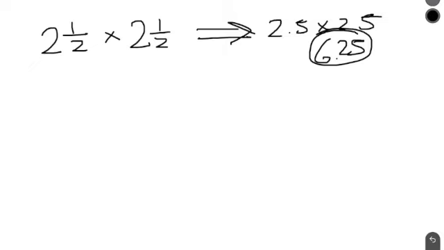Okay, so the first thing we do is convert our mixed number to an improper fraction. We do that. We say this 2 multiplied by this 2 plus this 1.